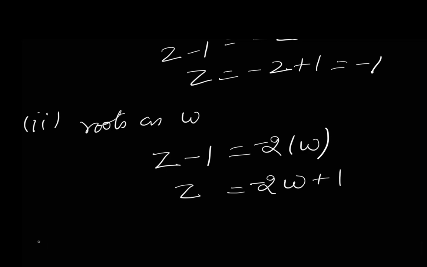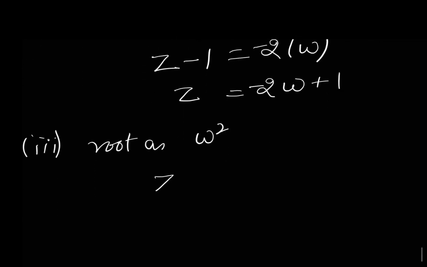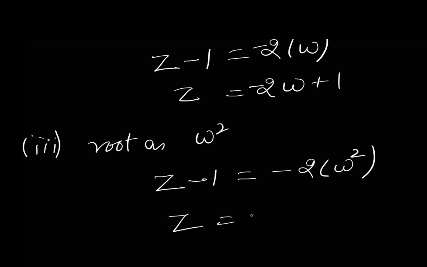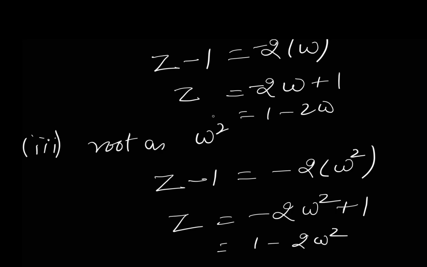Third, take the root as omega squared. So z minus 1 is equal to minus 2 omega squared. Take minus 1 to the other side, so you get z equal to 1 minus 2 omega squared.